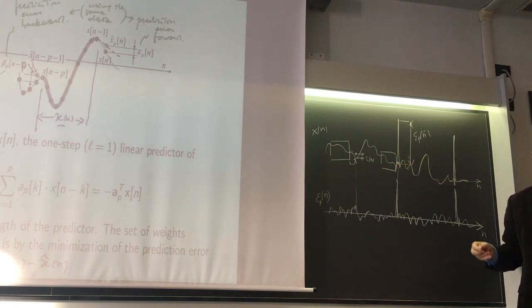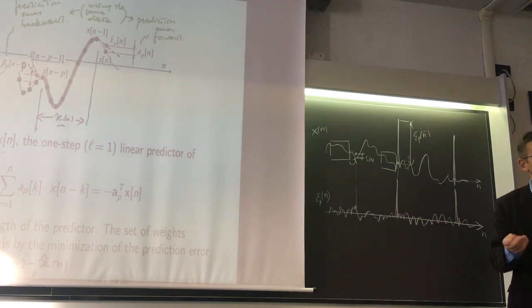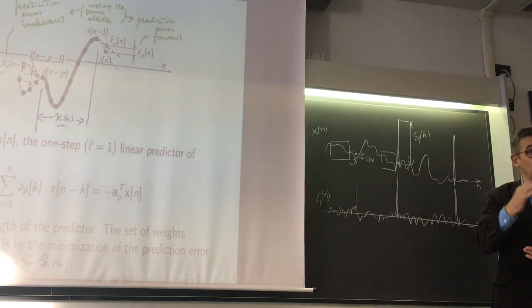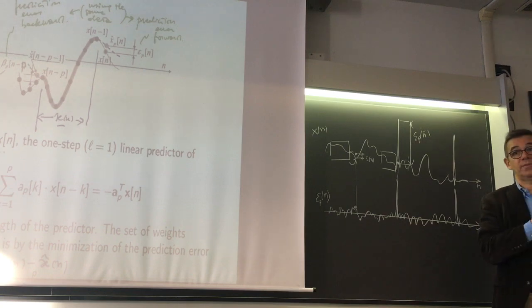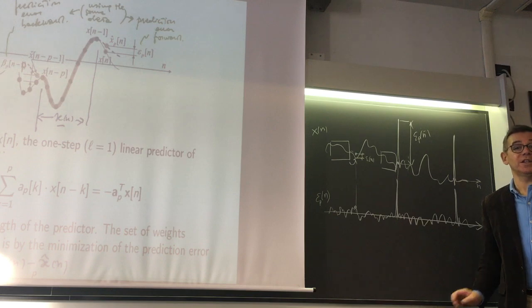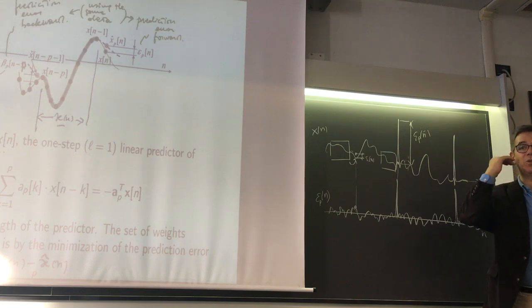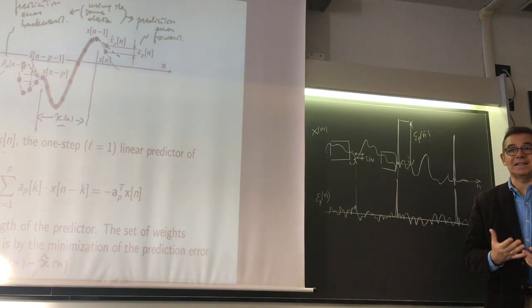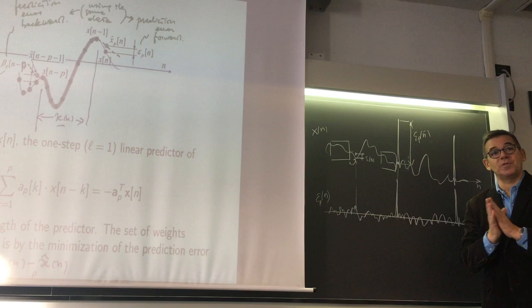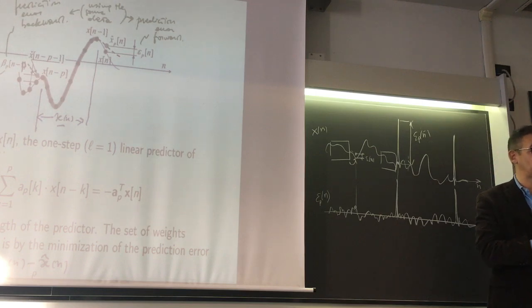So you are basically eliminating the spike, and replacing the spike or the big value by its prediction. It's possible, you can do it. Now, if you ask me which is the optimal way, I'm not telling you, because I don't take the responsibility to tell you which is the optimal way. I tell you that it's one of the possible implementations of linear prediction.